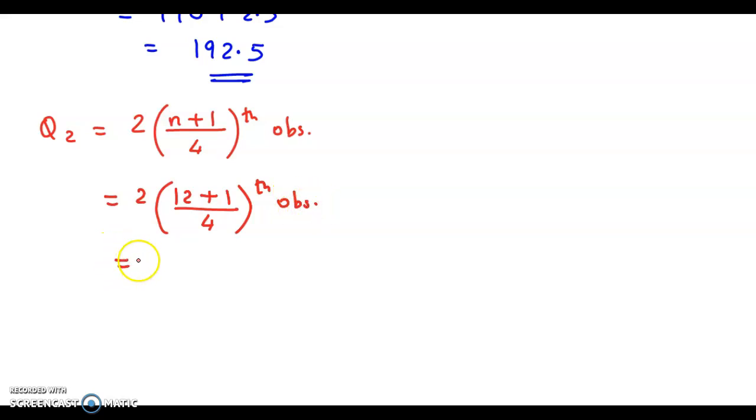Now again, if we simplify this, 12 plus 1 is 13, 13 divided by 4 is 3.25. 3.25 into 2 gives 6.5. So Q2 is the value of the 6.5th observation. Now 6.5 lies between the 6th observation and the 7th observation, and 0.5 will be somewhere over here, right?